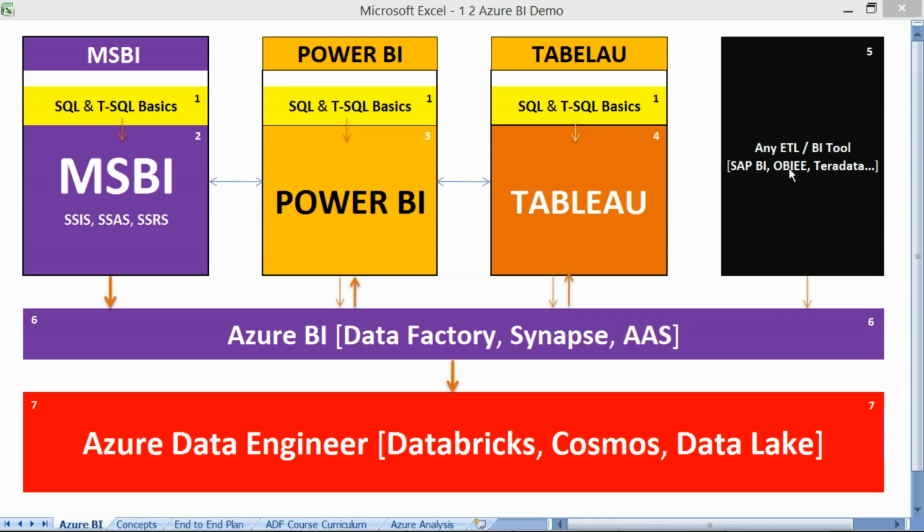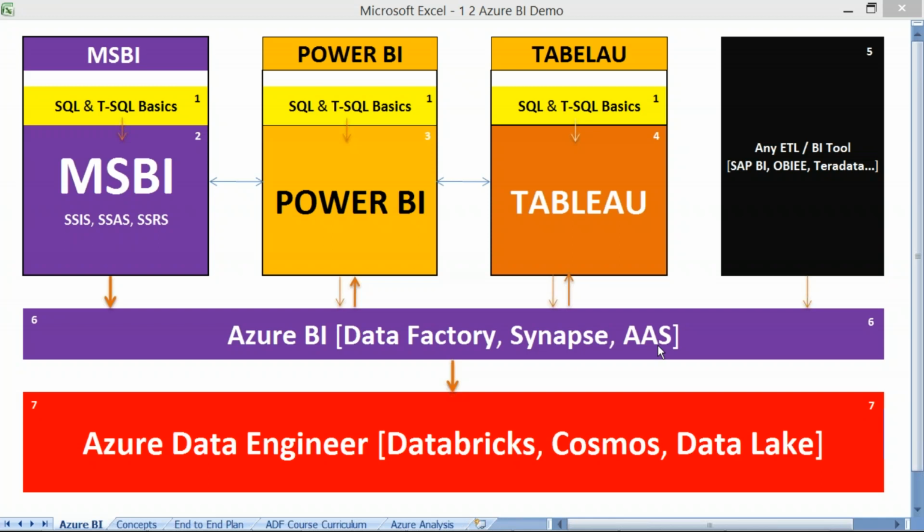If in case you are from any other tool, SAP BI, Oracle BI or some other BI, then you would be using the Azure BI components, Data Factory for ETL, Synapse for data warehouse, and Azure Analysis Services for the purpose of big data analytics, data modeling, and OLAP.